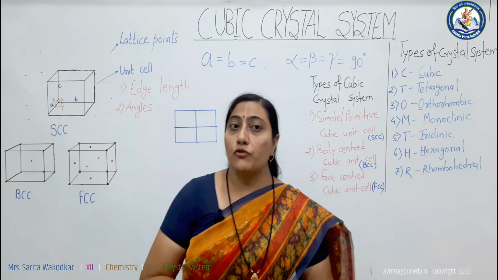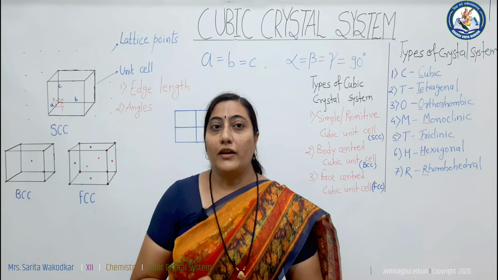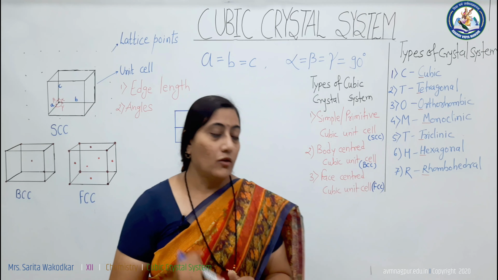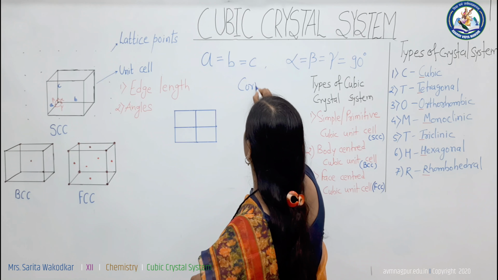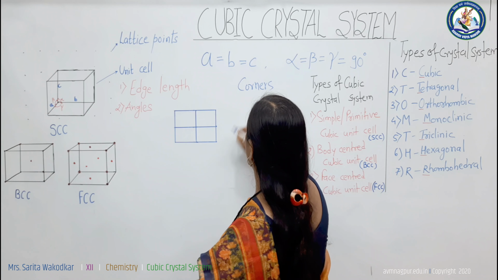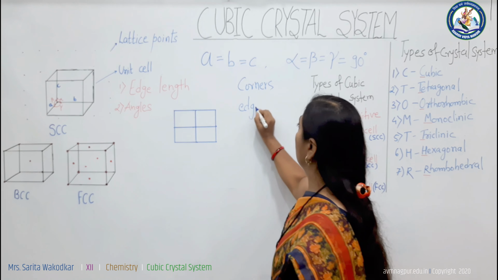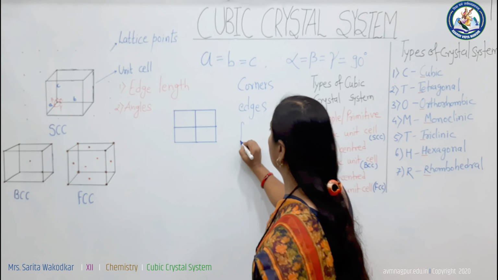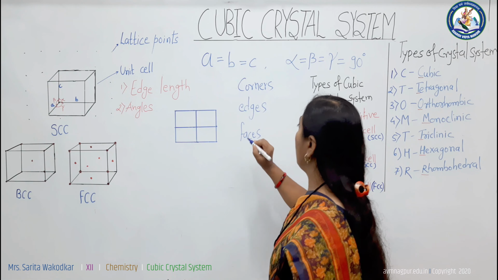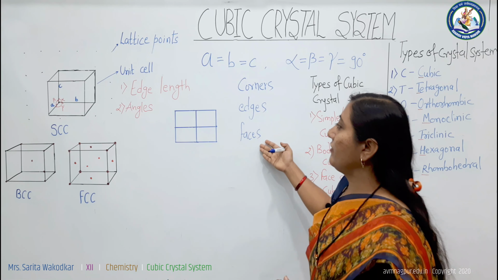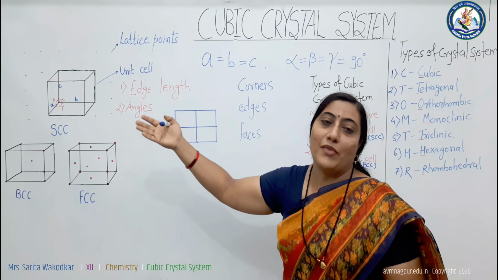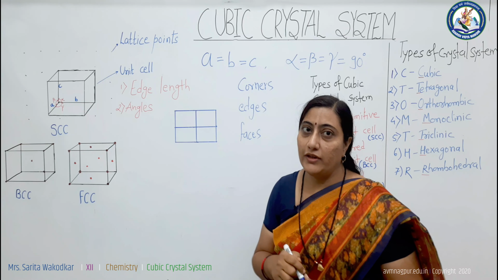When we consider a unit cell or cube, a cube has corners, edges and faces. How many corners, edges and faces are possessed by a cube or unit cell?